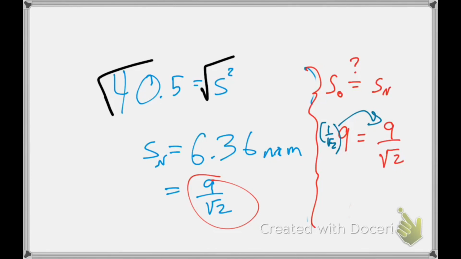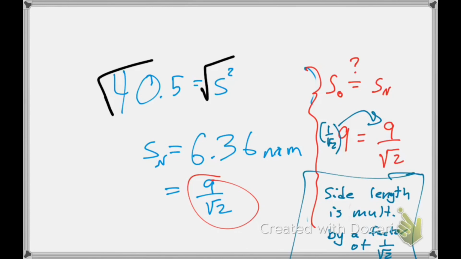So the original side length is multiplied by a factor of 1 over root 2. And there's your change in dimensions.